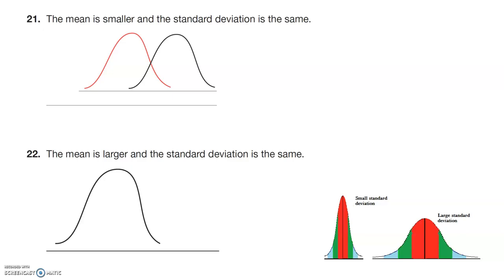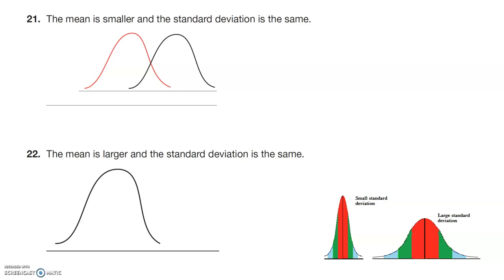The mean is larger and the standard deviation is the same. Okay, again, is it going to be small? No. Is it going to be skinny? No. Is it going to be fat? No. Is it going to change positions, the curve? Yes, because the mean is larger.